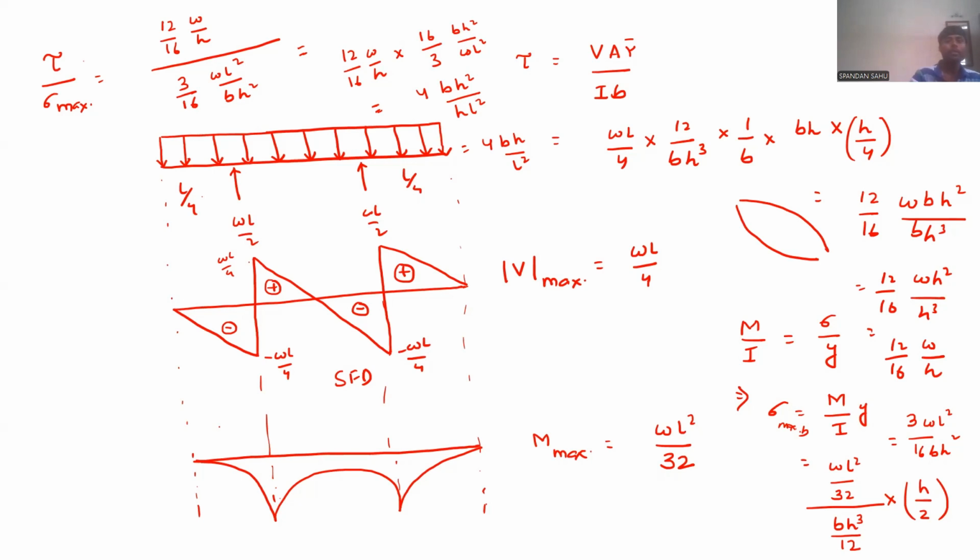Okay, this is the value everyone is getting. So the final answer is this: tau max upon sigma max we are getting to be 4BH upon L square.